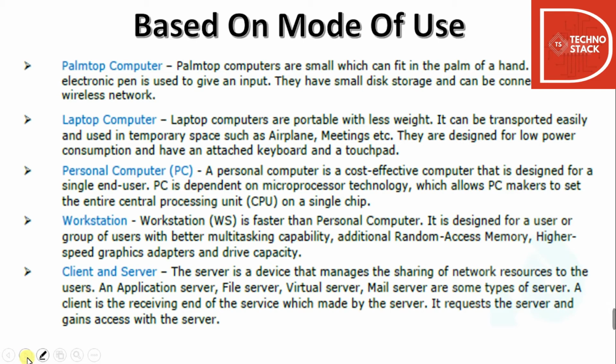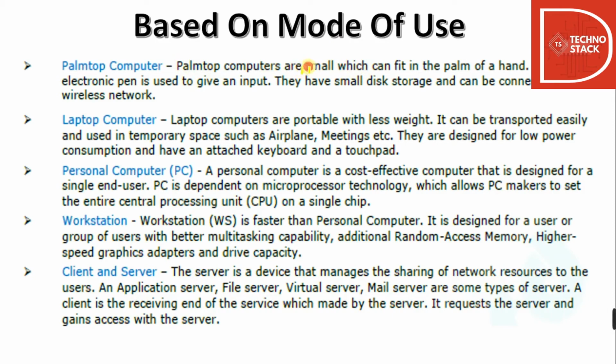Then next is based on mode of use. This is the last category in the types of computers. They have 5 major types of computers based on mode of use. First is palm top computers, that is usually bigger than your tablet and smartphone, and a little less than laptop.